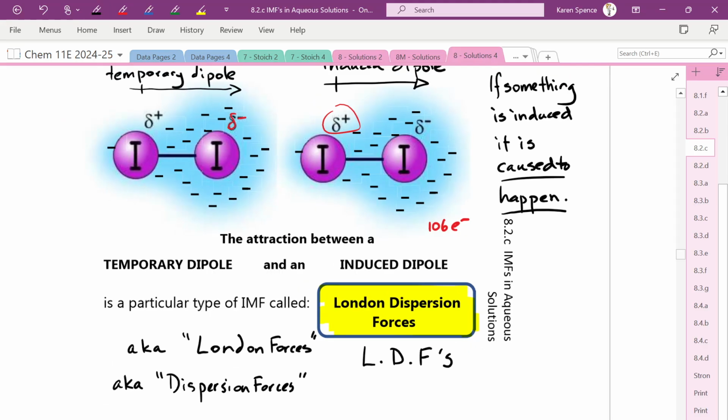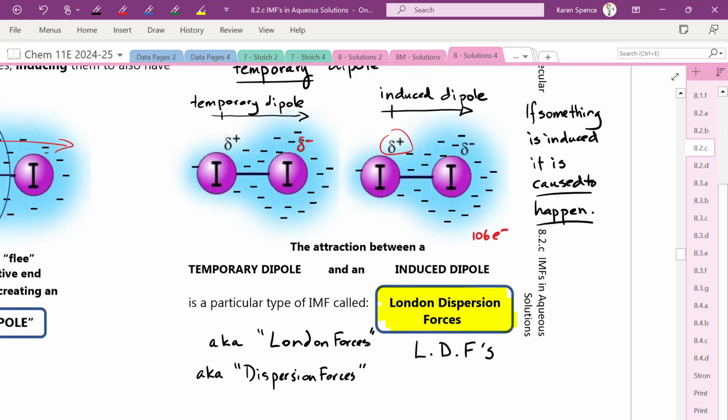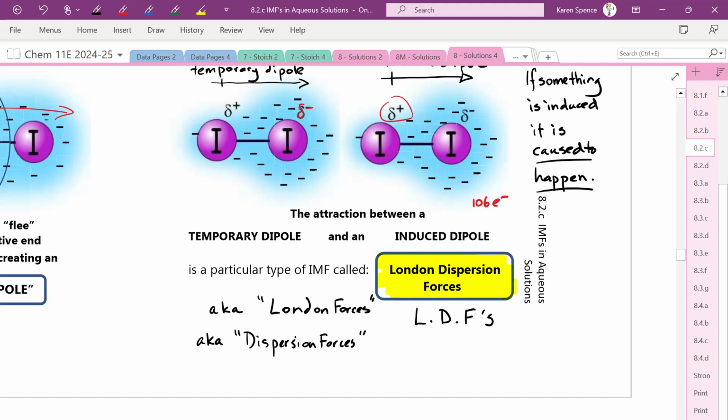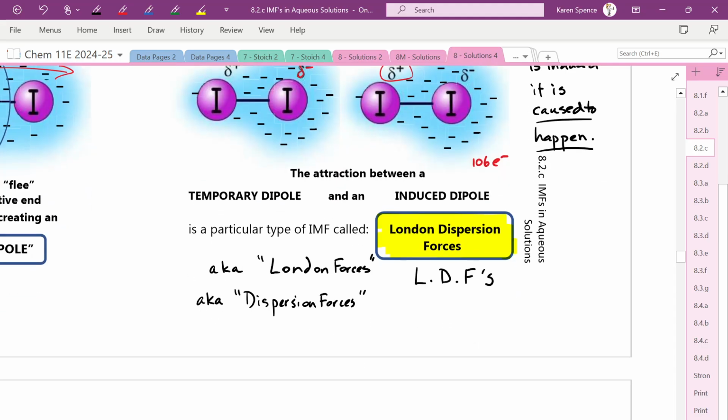Where did the London come from? I don't know. Maybe the guy who discovered it, and I say guy because everything happened back in the early 1900s, right? And there was all men back then doing the chemistry except for Marie Curie and her daughter, right? I'm sure there were others, but they didn't get much credit even if they did stuff. So probably named after somebody, I would imagine.